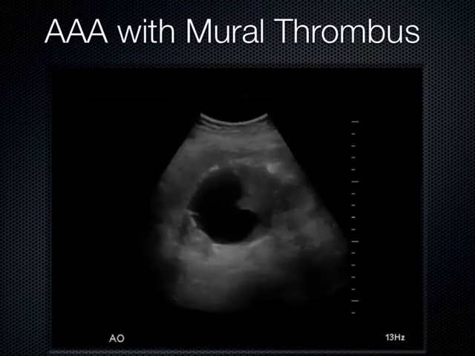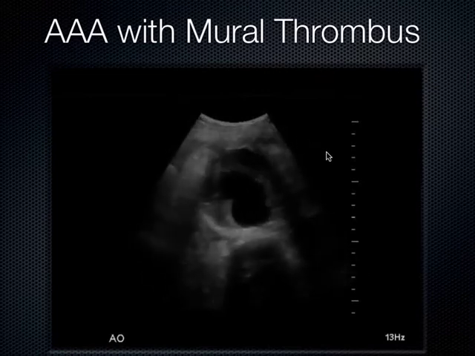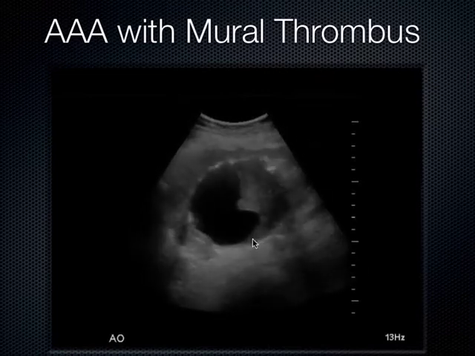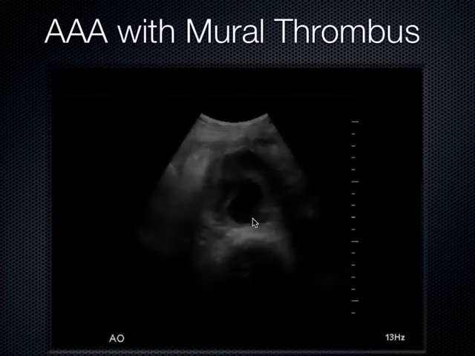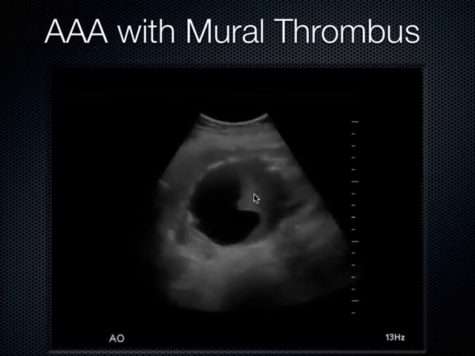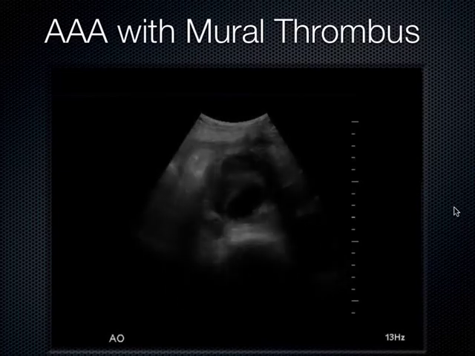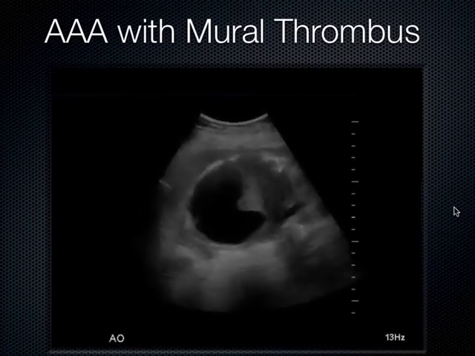And when you see an abdominal aortic aneurysm, it looks like this. This one happens to have a large mural thrombus to it. We can see this thrombus coming along here. And by the way, that mural thrombus has a dampening effect. What do I mean by that?